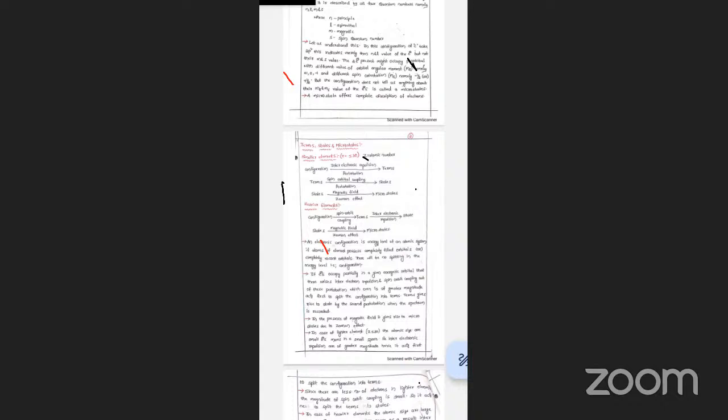Besides p1, for example, there are p2 configuration, p3 configuration, different configurations. How to calculate the microstate? A simple equation is there. Microstate is equal to n factorial divided by r factorial times n minus r factorial.